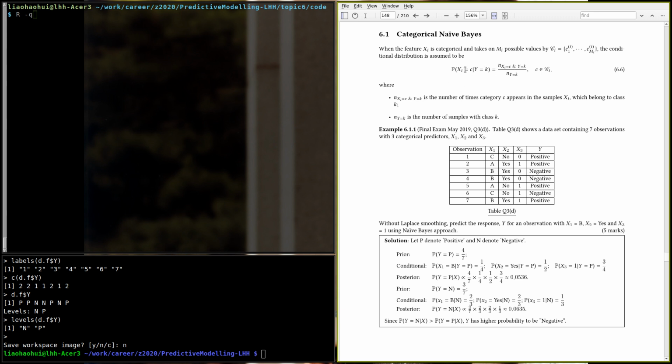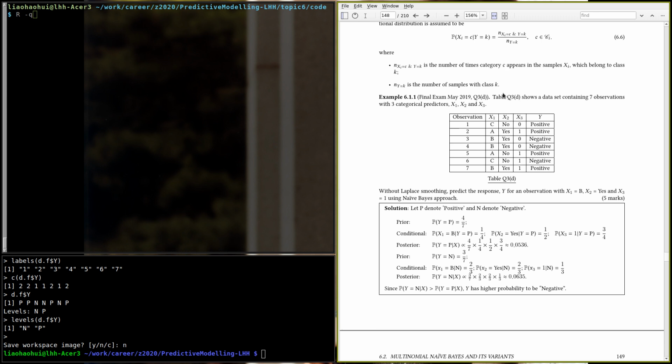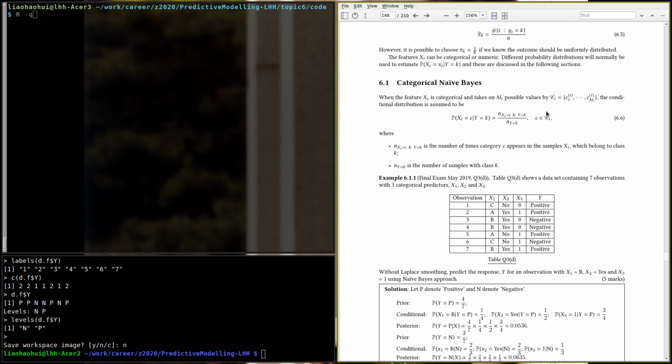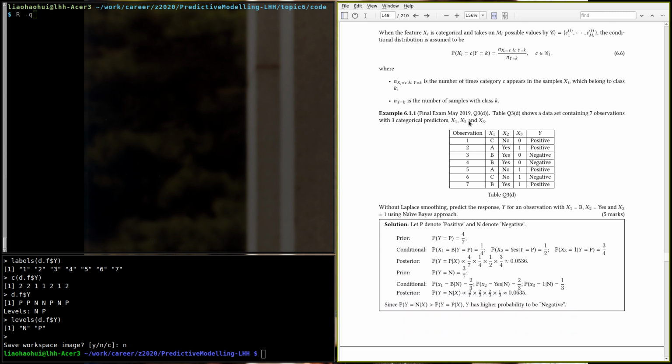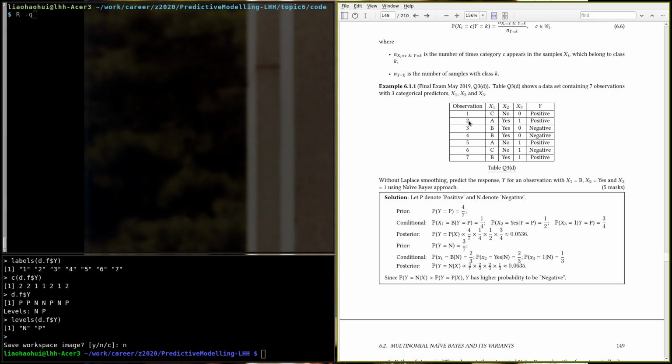When it's categorical, it's just a matter of counting. The easiest way to look at this formula, together with the variation of the formula used in the practical class, is to look at an example.